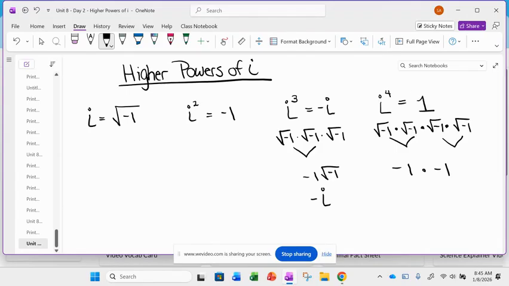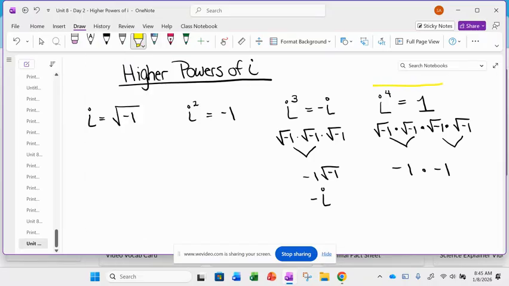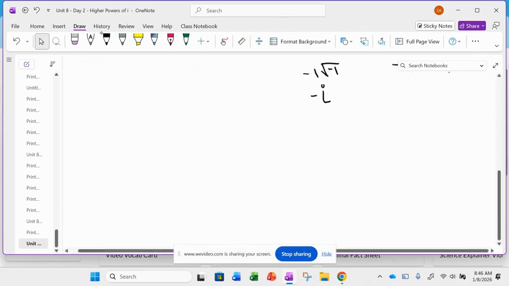Positive 1. So we need to memorize all of these. We need to know everything from i down to i to the fourth power. Okay, let's do some sample problems.